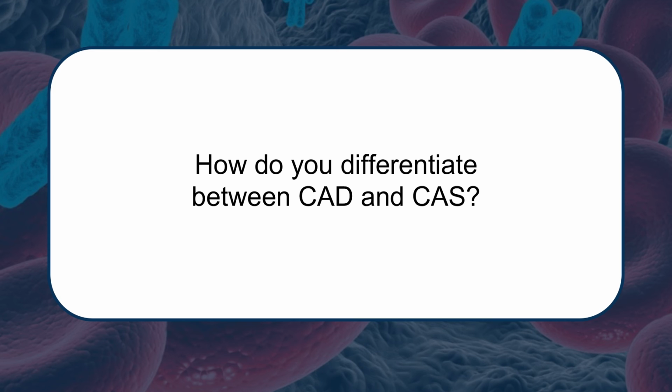So I think I would be somewhat shorter now, but it's a good question. In most cases, the distinction is very easy. In CAS, you have in most cases a hemolytic anemia secondary to a mycoplasma infection or an Epstein-Barr virus infection, or recently to a COVID-19 infection.